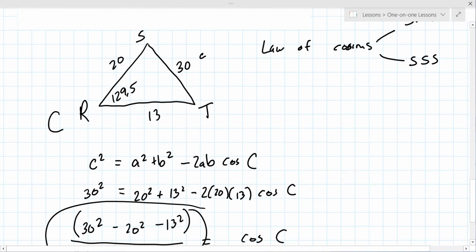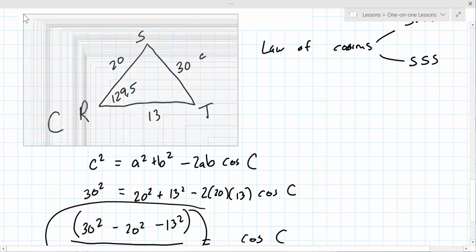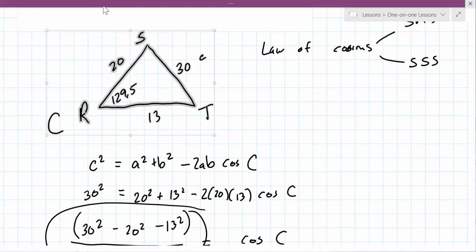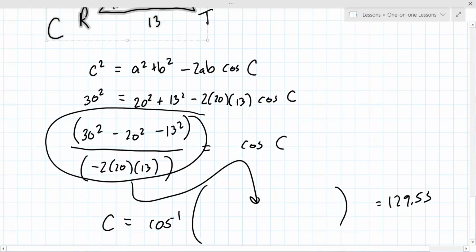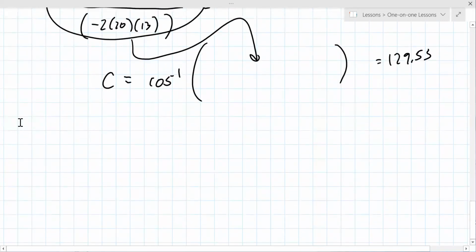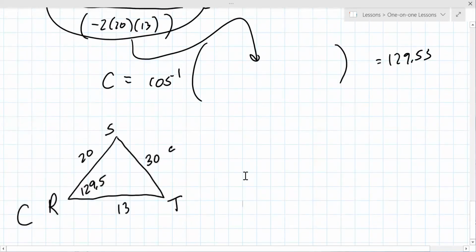Now you don't want to use law of cosines more than once. So for law of sines, you're going to take the information from this triangle. I'm going to have to copy it down because there's just too much here. Let's say you're trying to find angle S now.